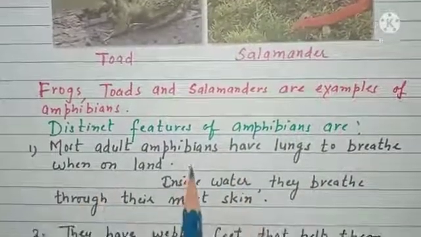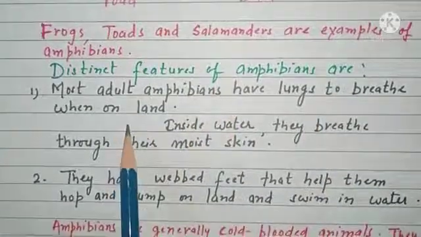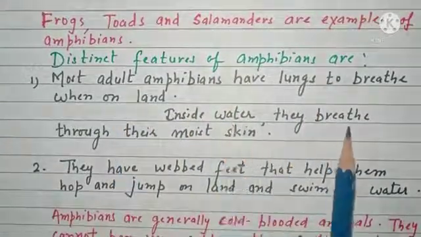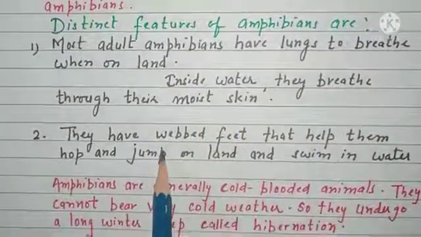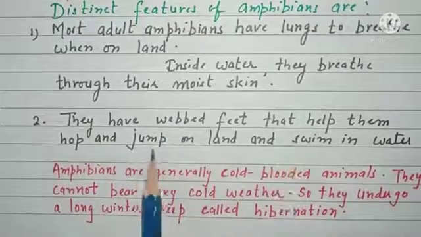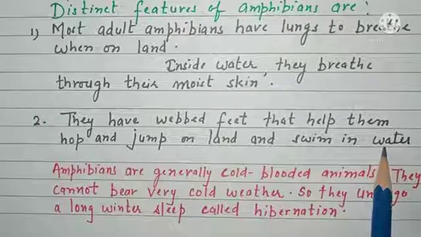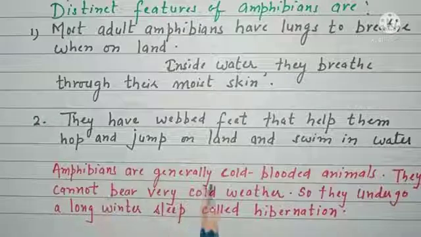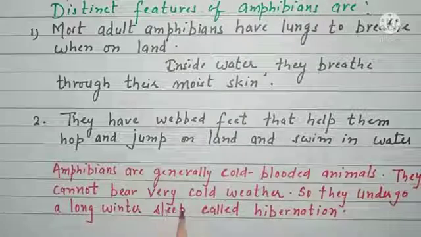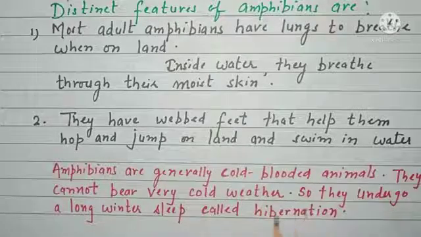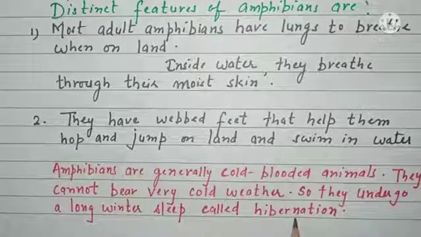Most of the adult amphibians have lungs to breathe when they are on land, and inside water they breathe through their moist skin. And then they have webbed feet which help them to hop and jump on land and swim in water. Students, amphibians are generally cold blooded animals. That means they cannot bear very cold weather. So they undergo a long winter sleep, which is called hibernation.